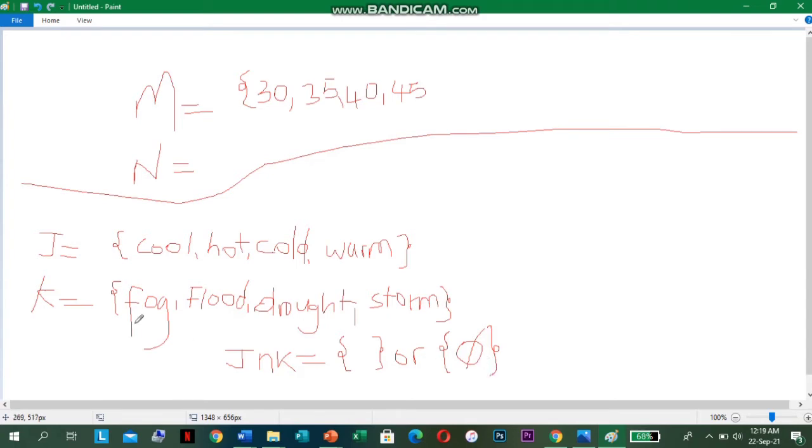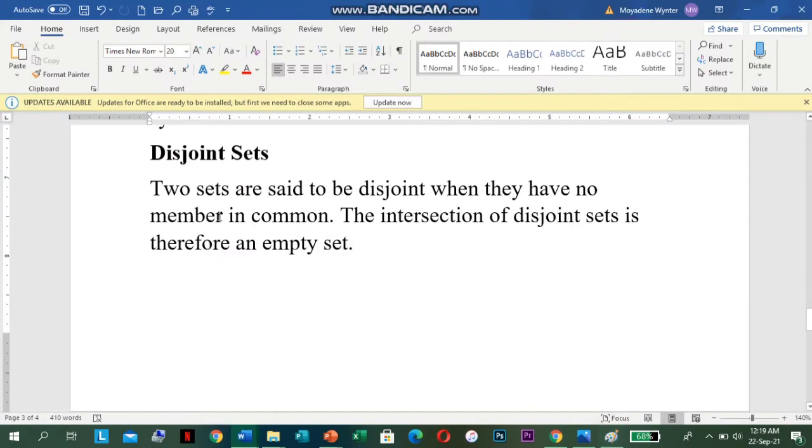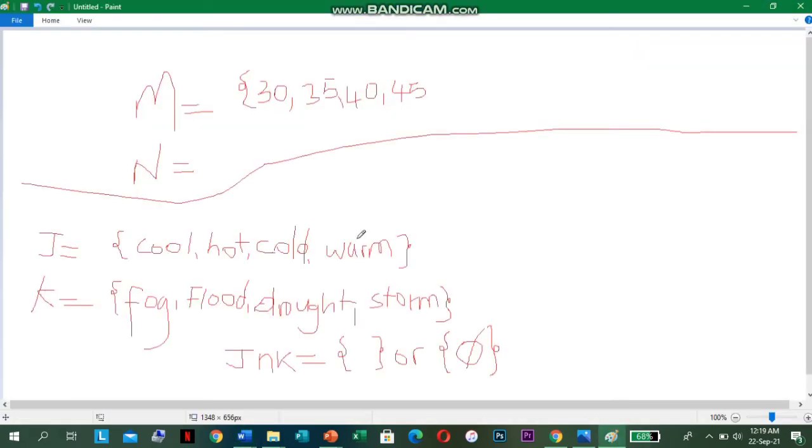Nothing in J is in K, and nothing in K is in J. So therefore the intersection is empty, and two sets are said to be disjoint when they have no member in common. So there are no elements in common, or no members in common. All right, bear that in mind. We're moving right along. Getting there.